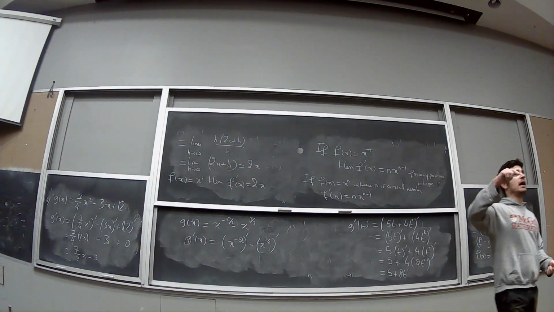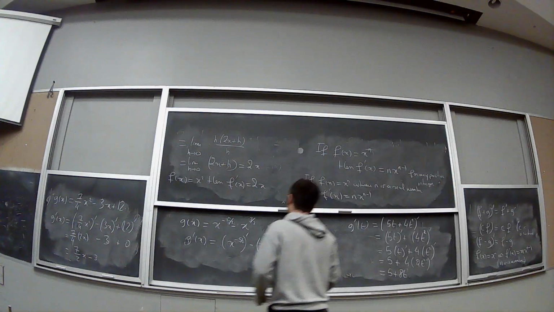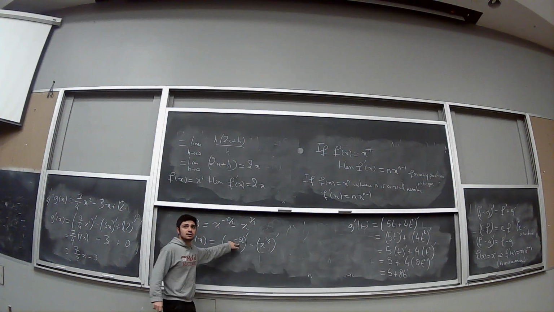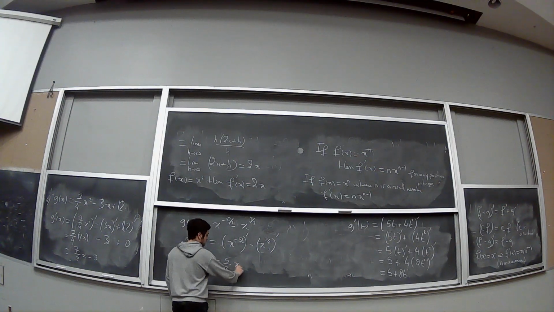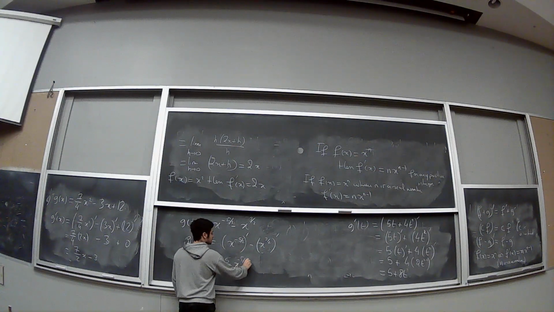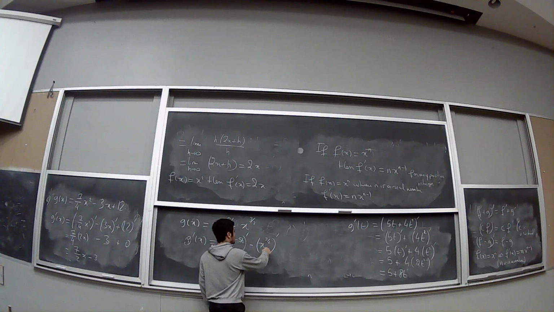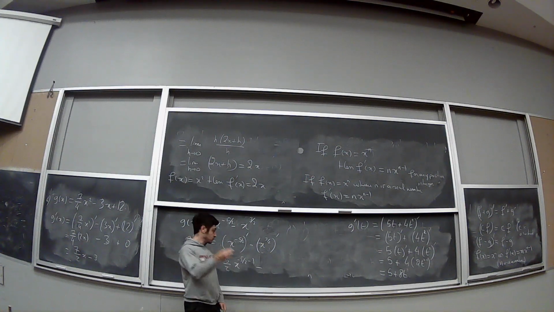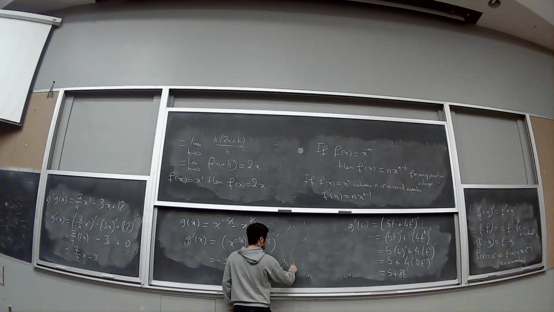It's n times x to the n minus 1. What is my n in this case? My n is minus 5/2. So I have minus 5/2 times x to the minus 5/2 minus 1. Then I have a minus. What's the derivative of x to the 3/2? It's 3/2 times x to the 3/2 minus 1.